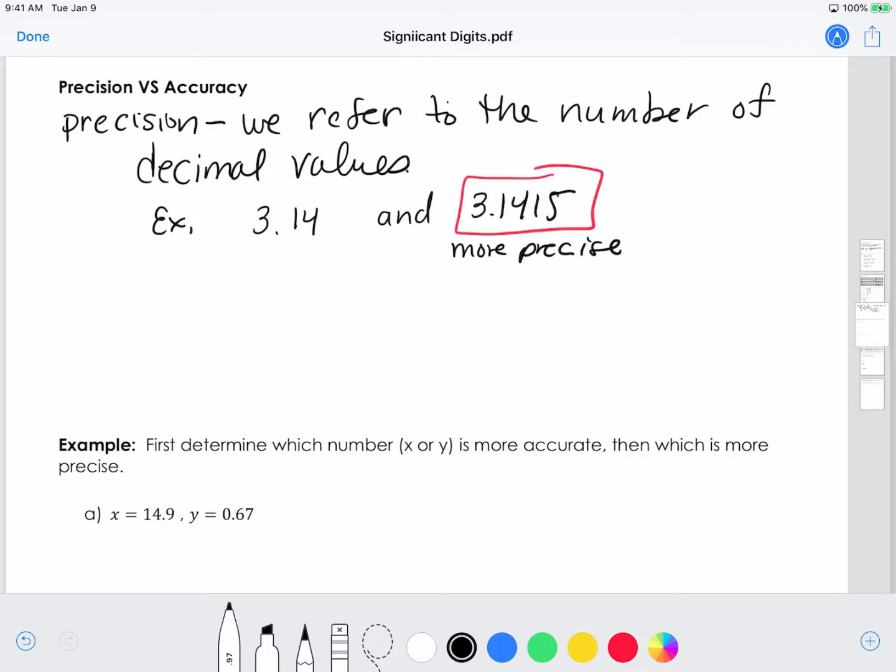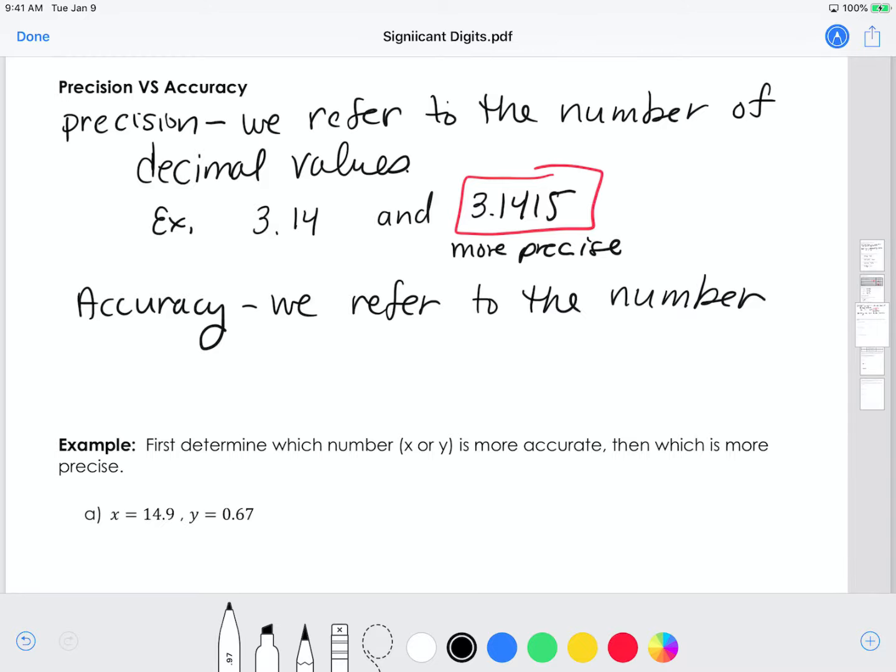Now, when we talk about accuracy, we refer to the number of significant digits. So the more significant digits we have when we approximate a number, the more accurate that number will be.